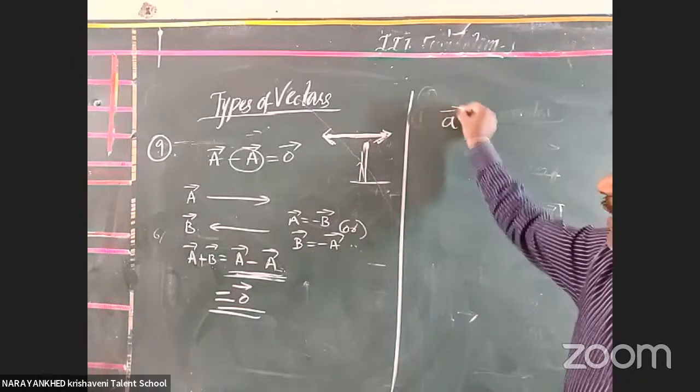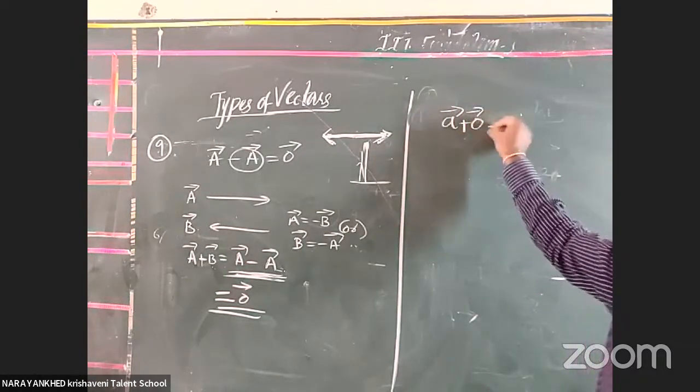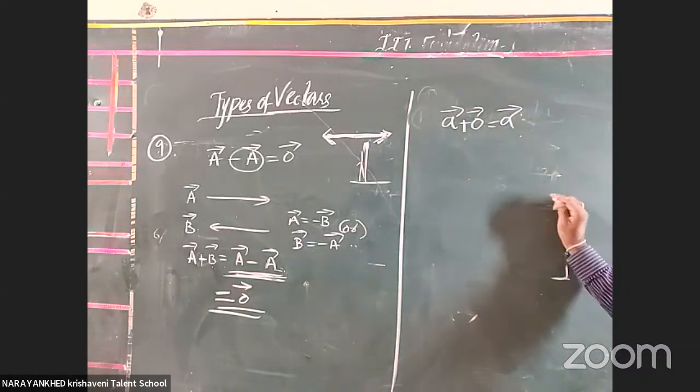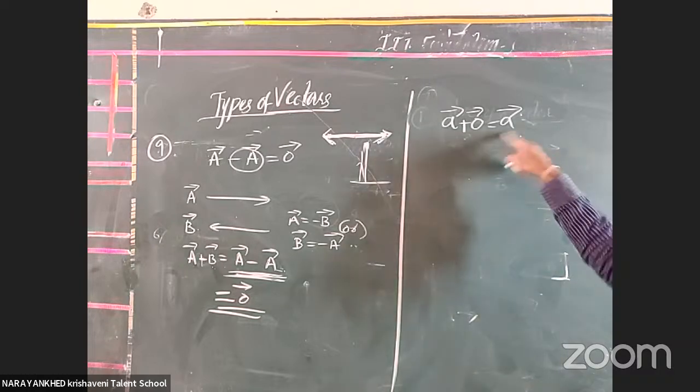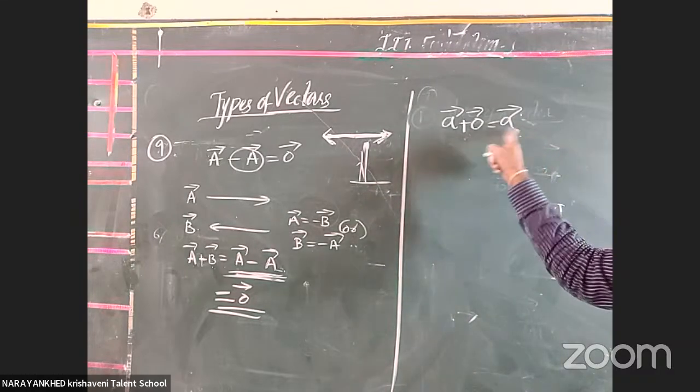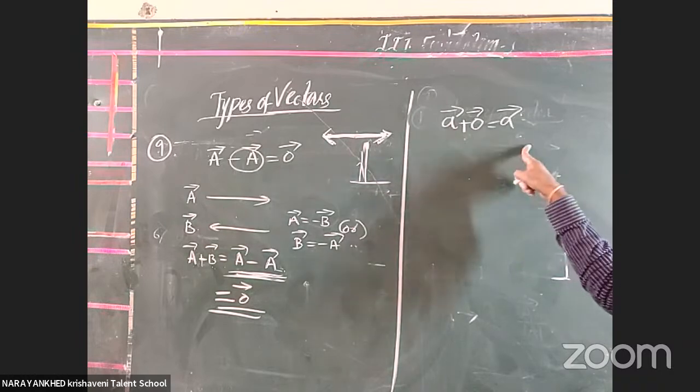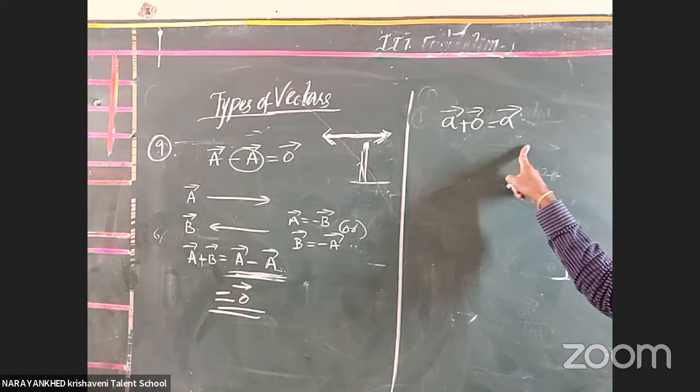When we add a null vector to any vector, we get the same vector only. A plus 0 becomes A only. A bar plus 0 bar becomes A bar. Clear or not?